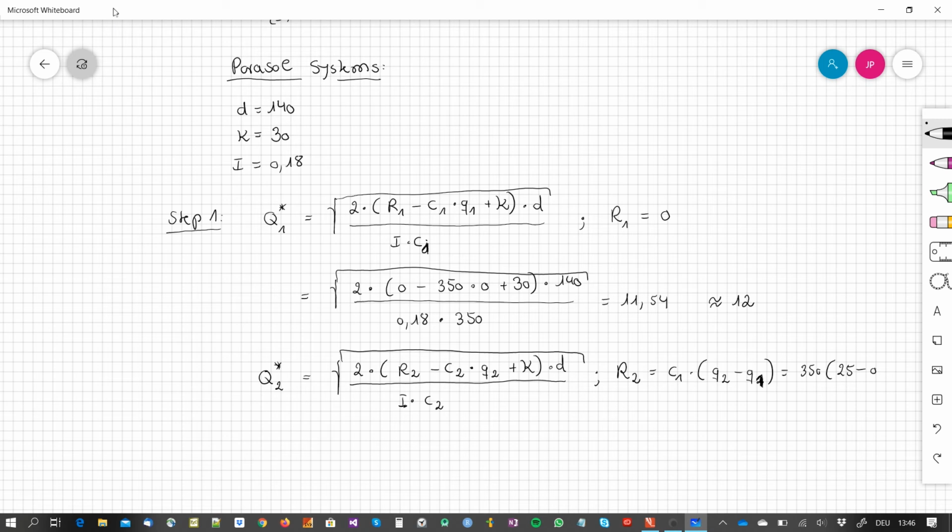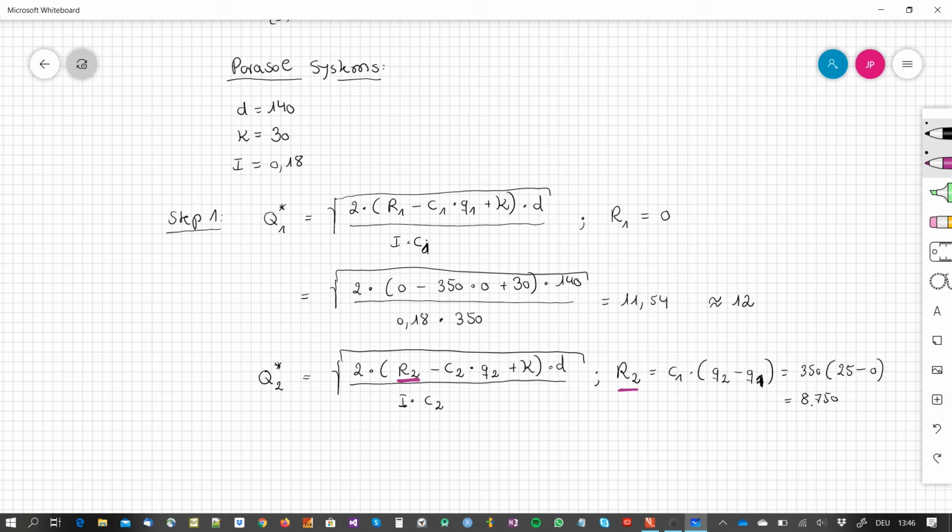That is for our first unit, of course. And this becomes 8,750 for R2 that we need here in our formula.